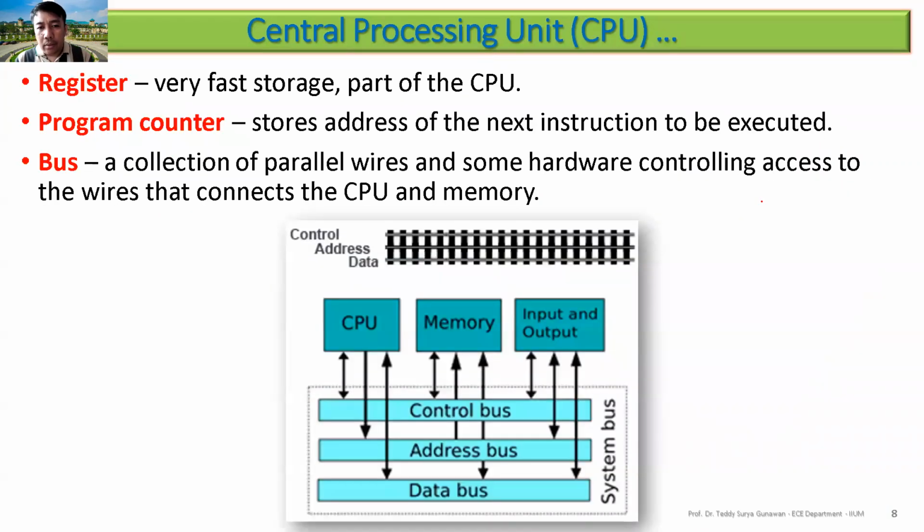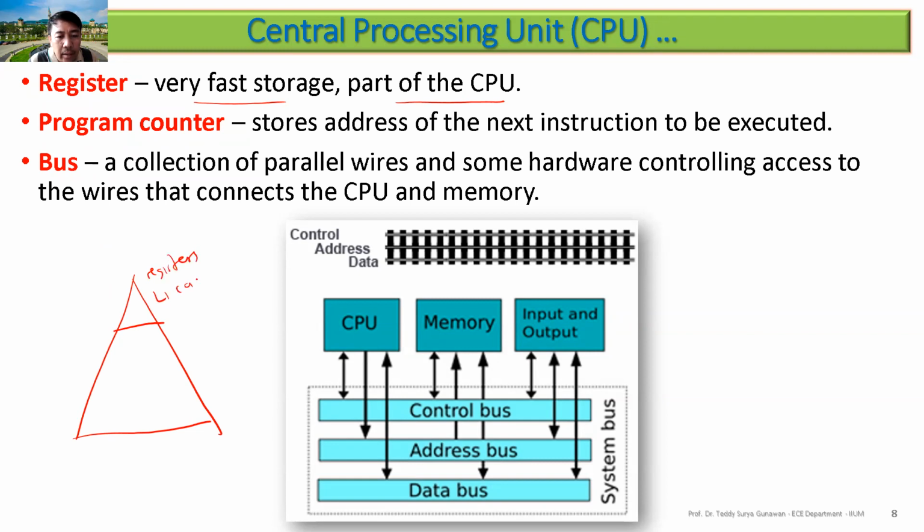So the CPU has registers. It's very fast storage, part of the CPU, but you cannot put more, because of the memory pyramid. On the top you have registers, the fastest.